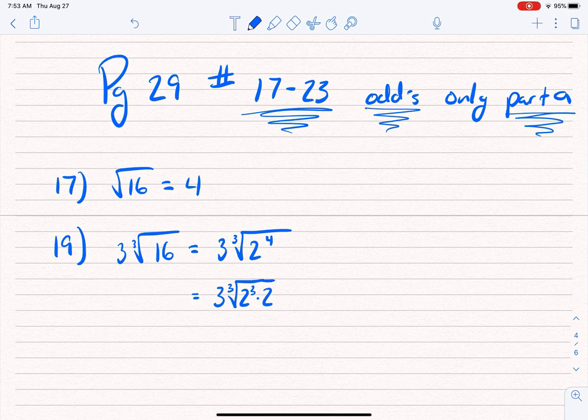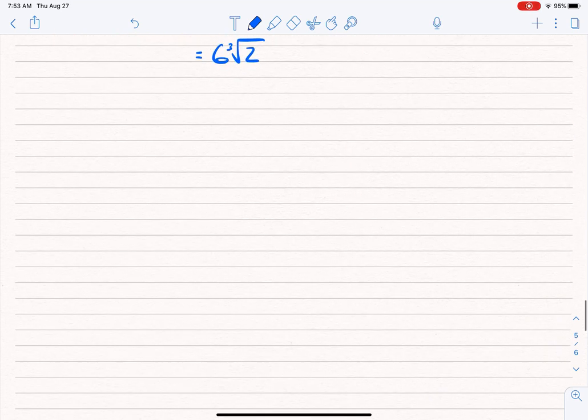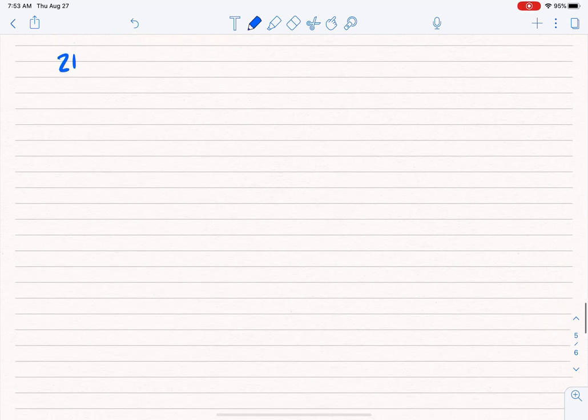And the cube root of 2 to the 3rd power is 2. So I'm going to have 3 times 2 times the cube root of 2. 3 times 2 is, of course, 6. So I get 6 times the cube root of 2. A lot of work for a real simple problem, but I just want to make sure I don't miss anybody or any step, okay?